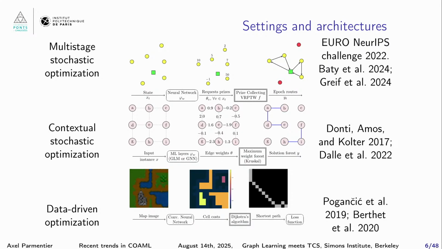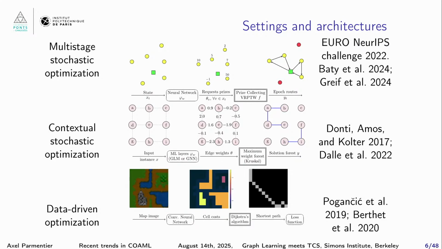For instance, let's think you have an image of a map and you want to compute the shortest path from the upper left corner to the lower right corner. This is typically a graph problem, but you don't have a graph at the beginning. And so what you use is a convolutional neural network, not a graph neural network, to get the costs on the different edges, and then you use Dijkstra's algorithm to decode it and you train it.